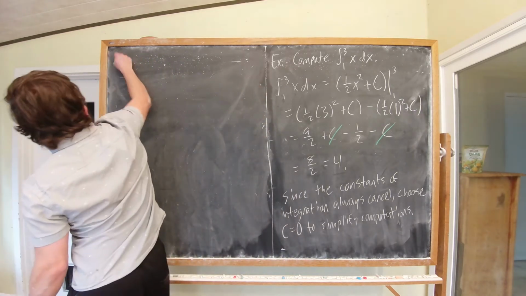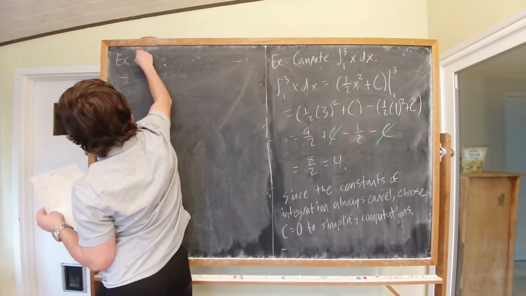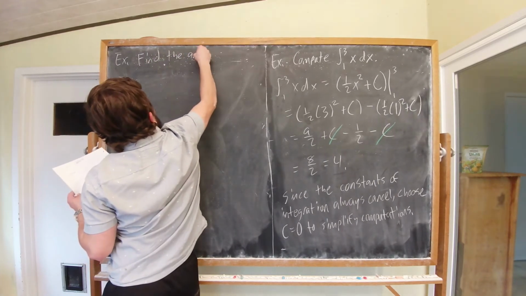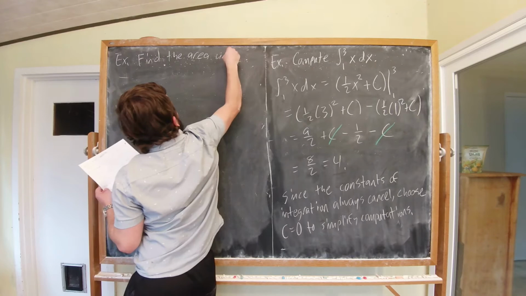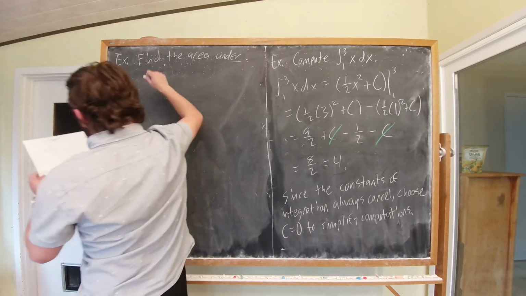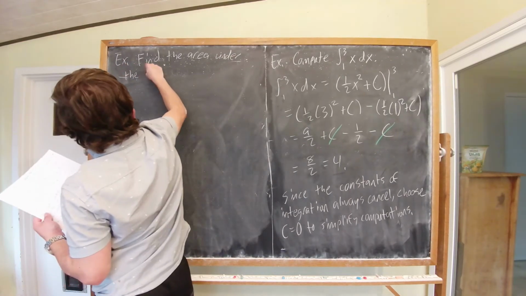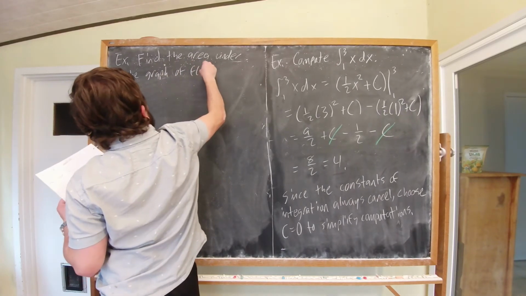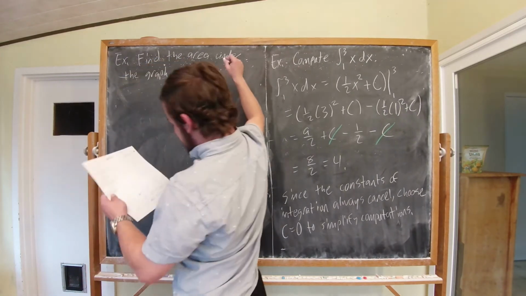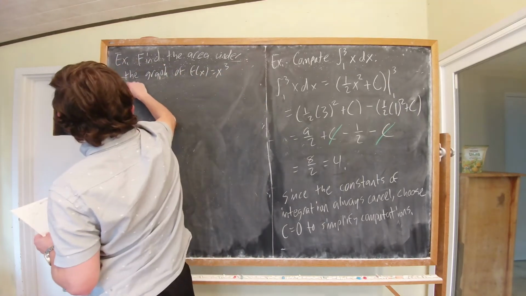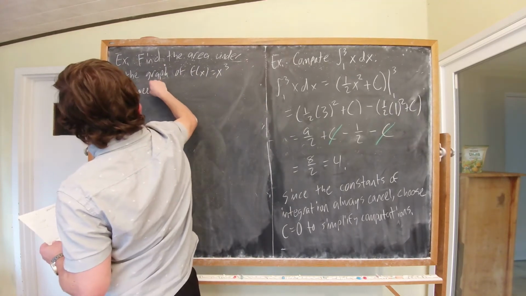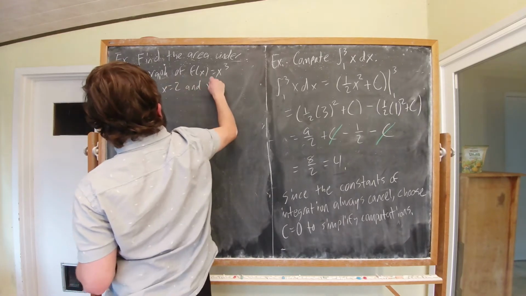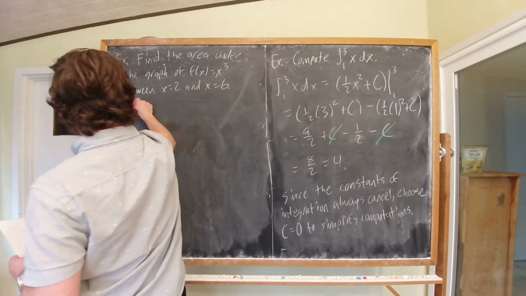So, let's do a couple more examples. Let's find the area under the graph of f of x equal to x cubed between x equals 2 and x equals 6.